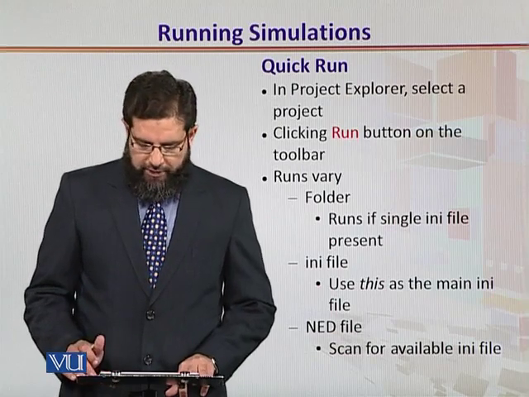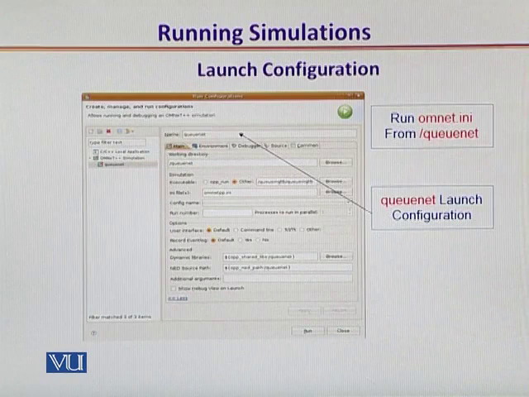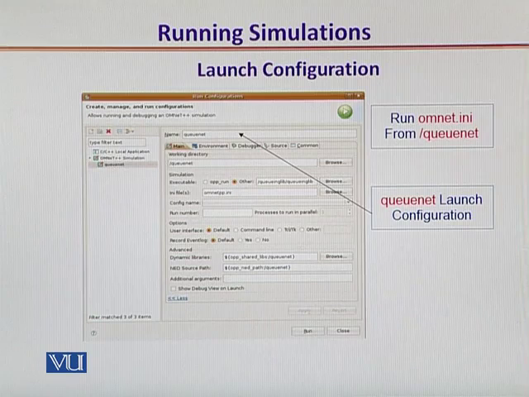This is how the Run IDE or the Launch Configuration IDE looks. Here, in the main tab, an example of a simulation called QNet is shown. In the name box, you see that the launch configuration is given a certain name, that is QNet.